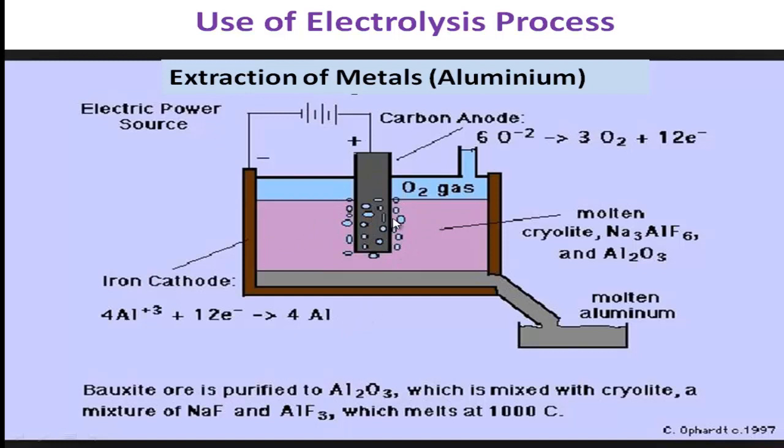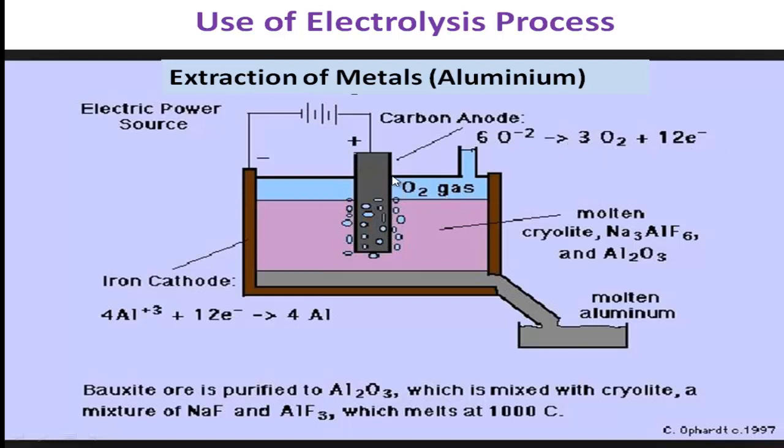Now follow this. Here a carbon rod is used as the anode, and an electric battery is used, and this iron container is used as the cathode, the negative electrode. Now the anode attracts anion, that is oxide ion, and oxide ion releases electrons and is converted into oxygen gas.